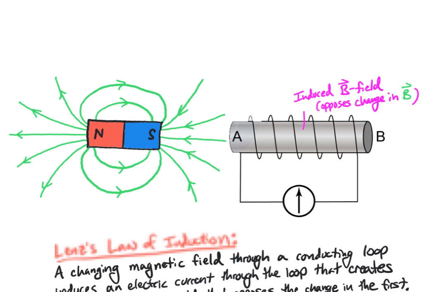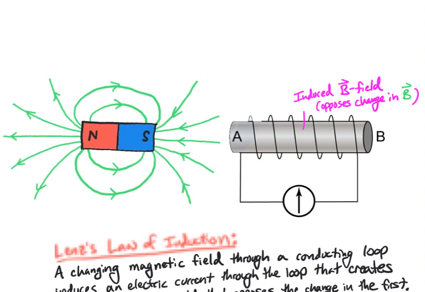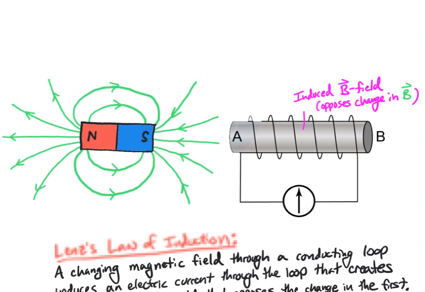So the way that we record, transmit, and replay audio is entirely based off of this property of electromagnetic induction. It's hardly the only thing. Pretty much the entirety of our electricity economy is based on this. The way that we generate electrical power is based off of this principle.